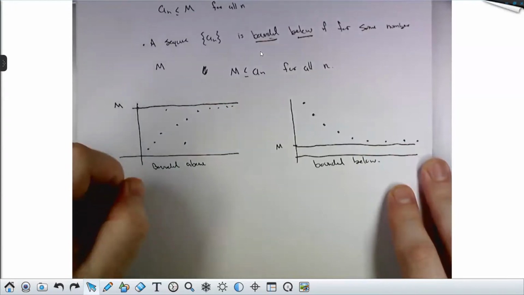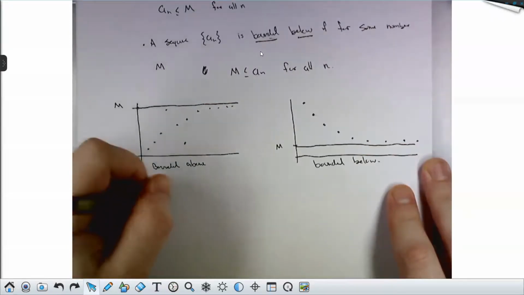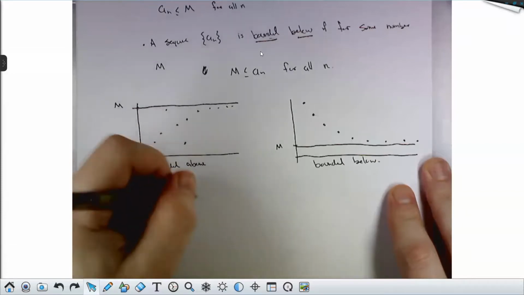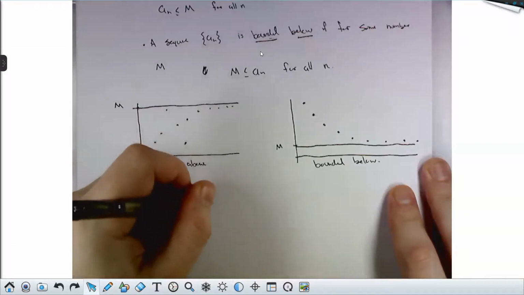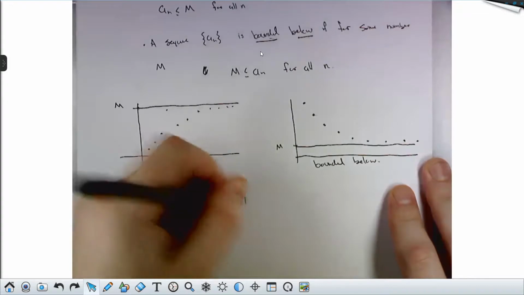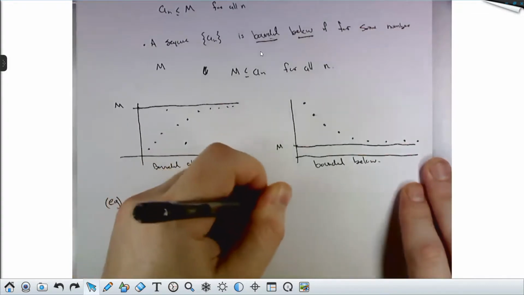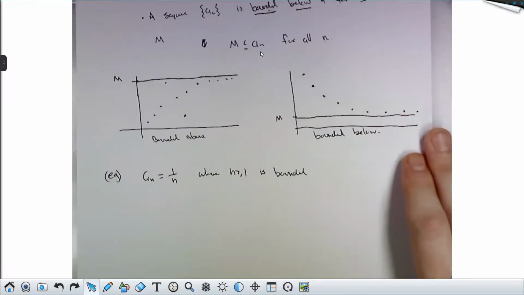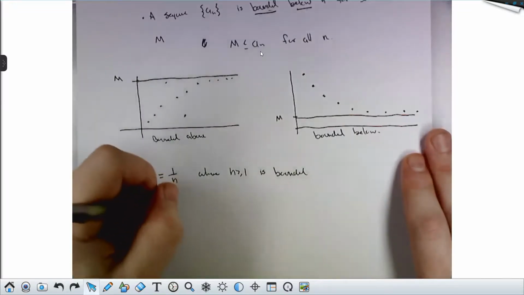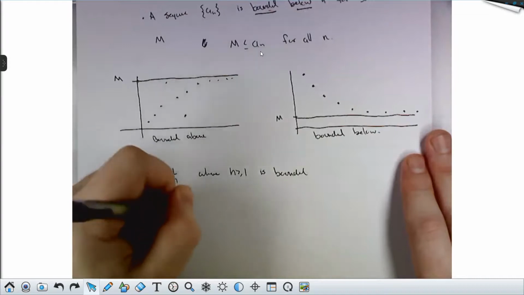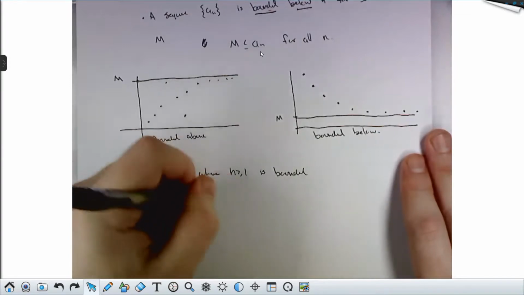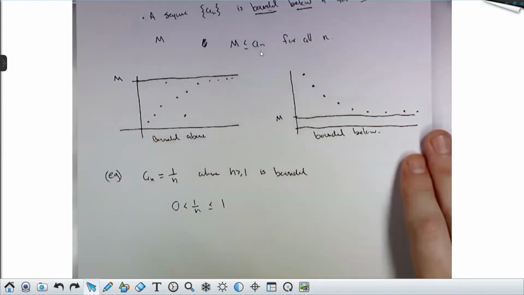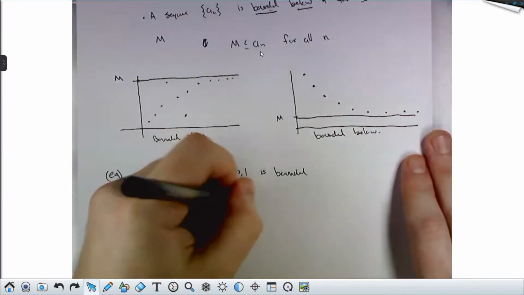Example: a_n equals 1 over n, where n is greater than or equal to 1. This is bounded, right? Because 1 over n is bigger than 0, and as long as n is greater than or equal to 1, it's less than or equal to 1 for all n.